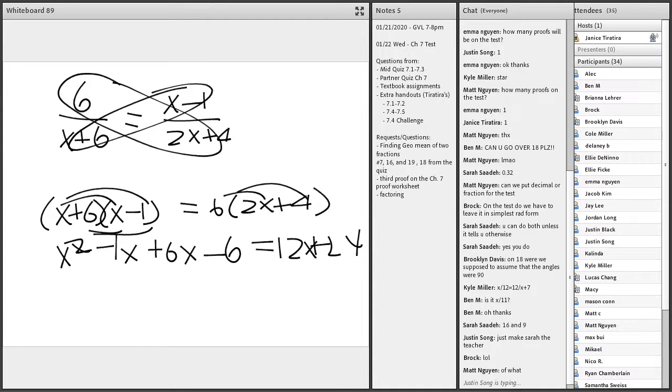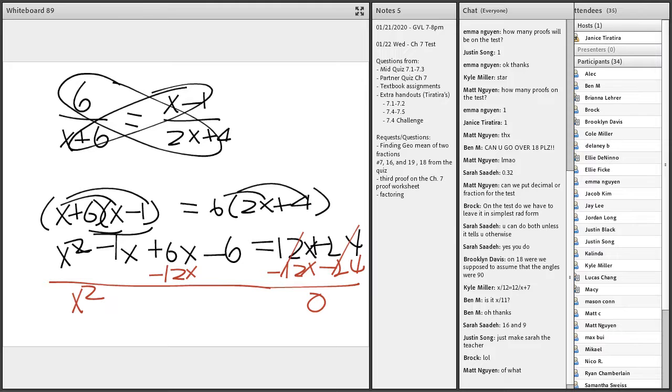All right, whenever you have an x squared situation, you want to move everything to the x squared side. So get it equal to 0. All right, so I have x squared. These are 5x minus 12x is negative 7x minus 6 equals 0. So that's your trinomial you have to factor.